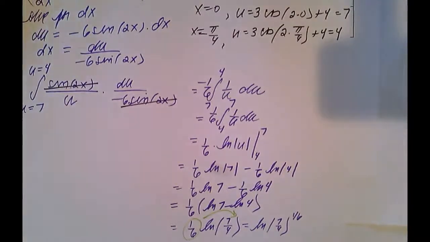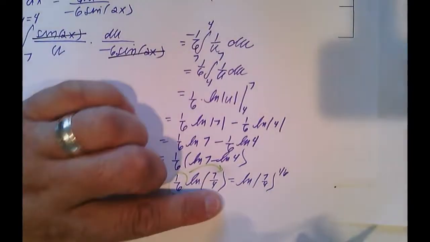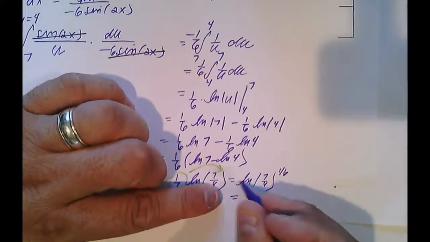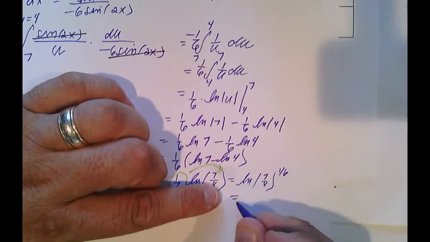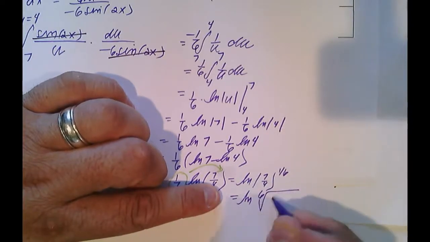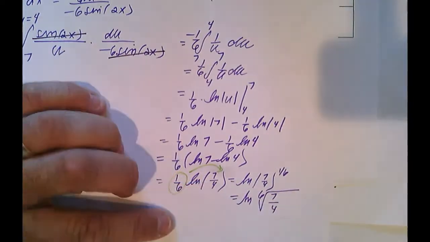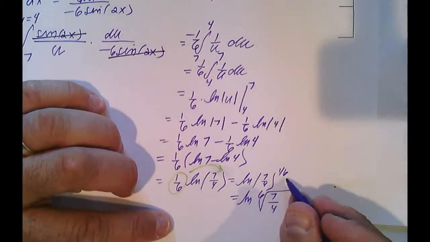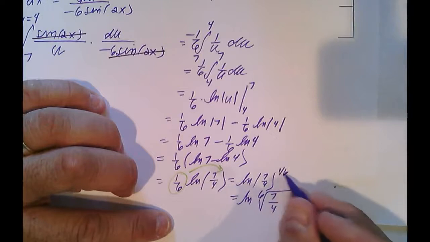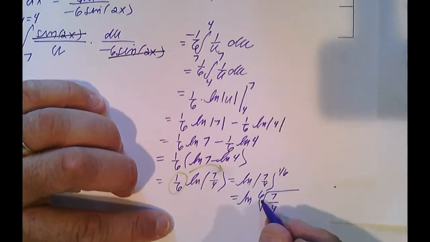You could also, and I'll make this the last thing, you could say the natural log of 7/4 to the 1/6 power is the same thing as the natural log of the 6th root of 7 over 4. Right? That's just an algebra 2 property of logs. To raise something to the 1/6 power is the same as to find the 6th root.